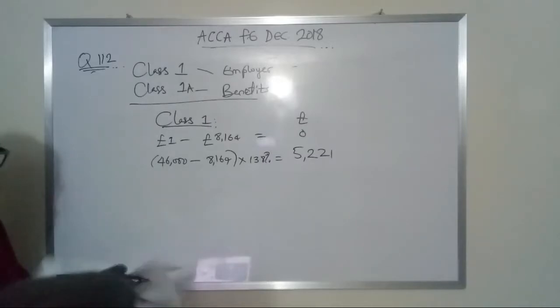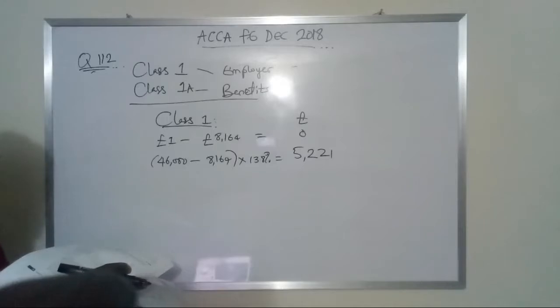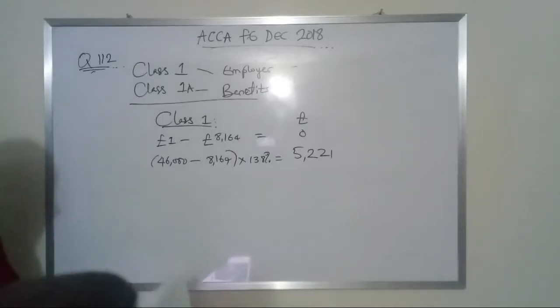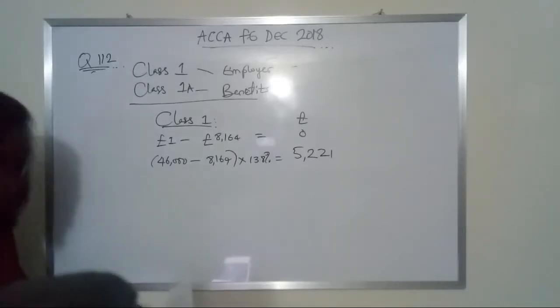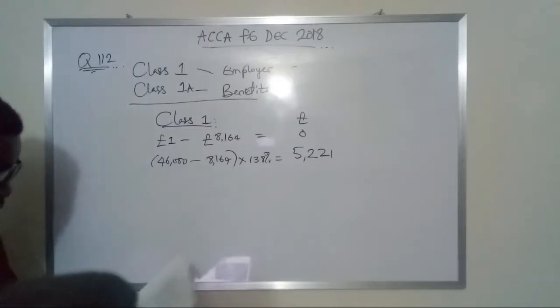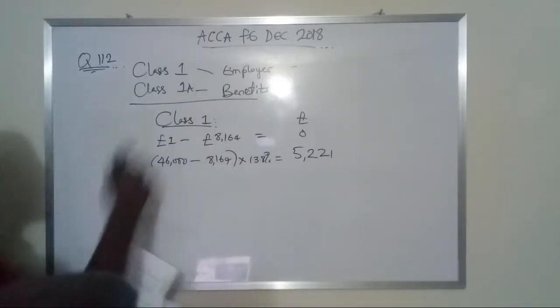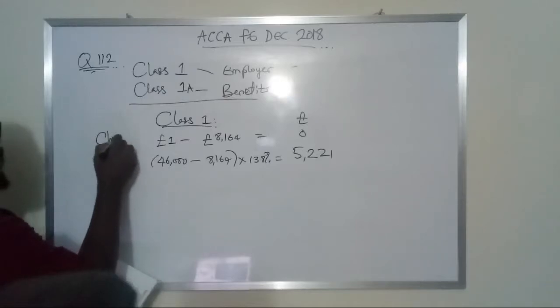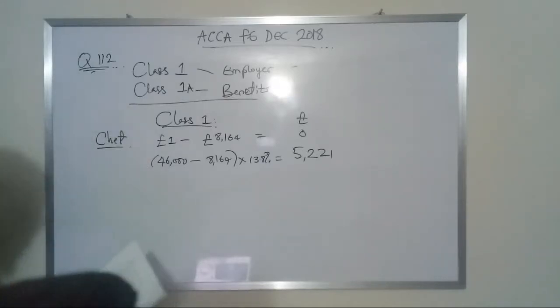We are calculating for Class 1. So if you get this, we move down to the second one. Remember, this is for the chef. Now we'll go to number 2.